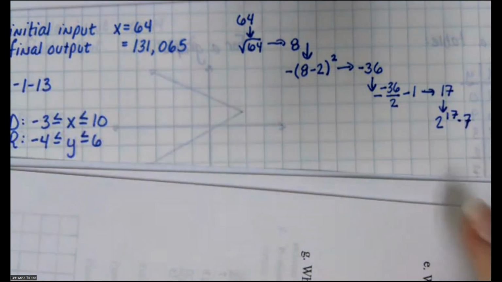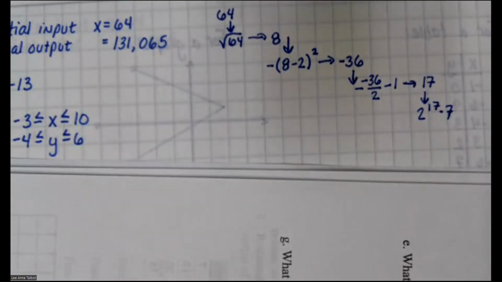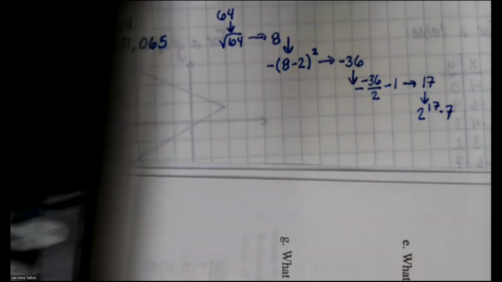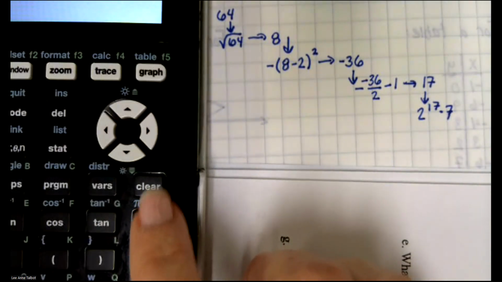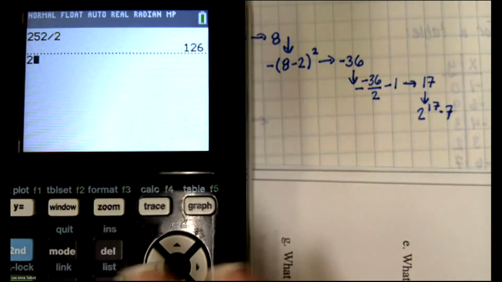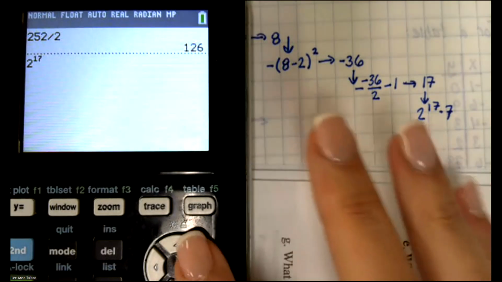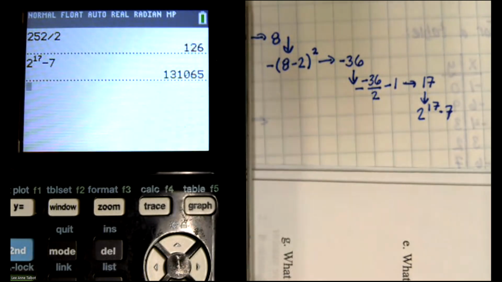Okay, and then practice on your calculator doing 2 to the 17 minus 7. Do you guys know what the exponent button is? It's right here under the clear. See if you can recreate what I did.